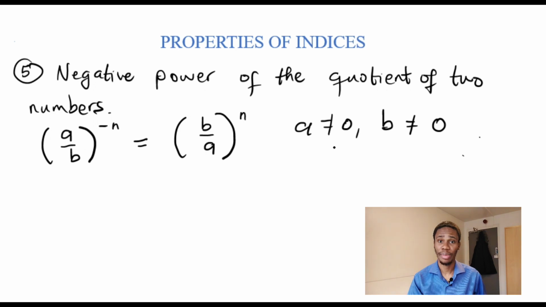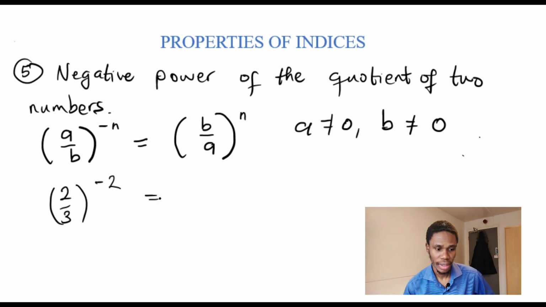Let's take one example. Our example here is going to be 2 divided by 3 all raised to the power minus 2. Rewriting this gives us 3 divided by 2 all raised to the power what? 2.